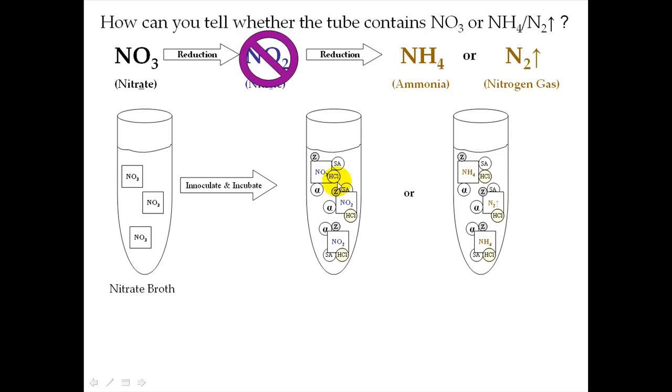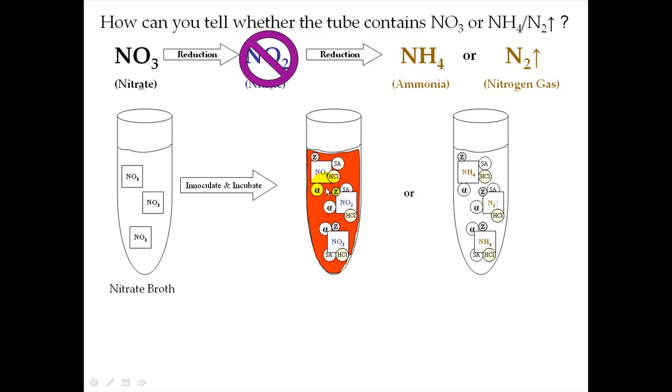Right? And because when those nitrites are produced, you already previously added the sulfanilic acid and alpha-naphthylamine that serve as nitrite detectors, at this point you should see a red color, right? Because anytime nitrites are in the presence of these two things, it'll produce that red color.